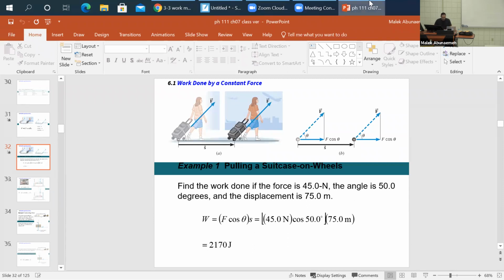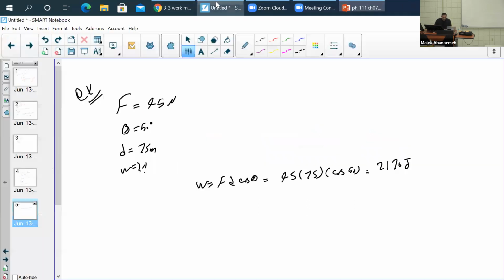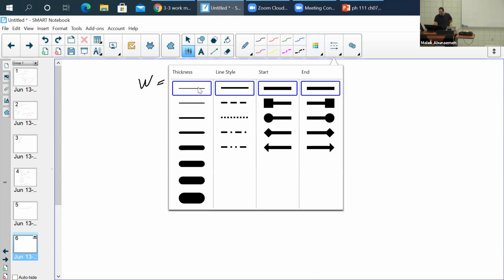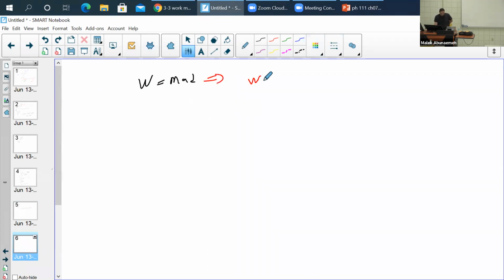Now, we're going to come back to potential energy in just a second. Now, your work: we said too much work is going to make you mad, mass times acceleration times your distance, which is derived from your work being F D cosine theta.